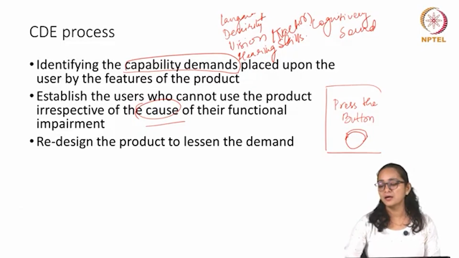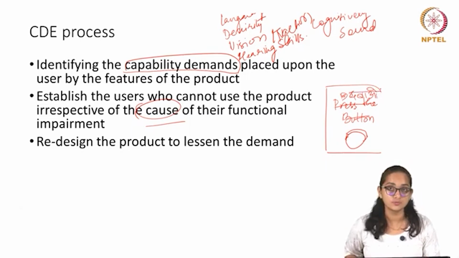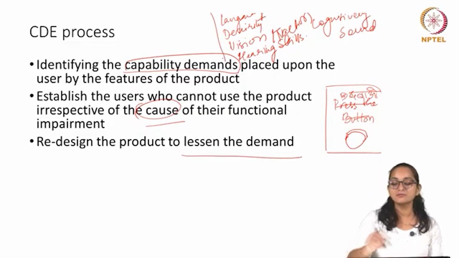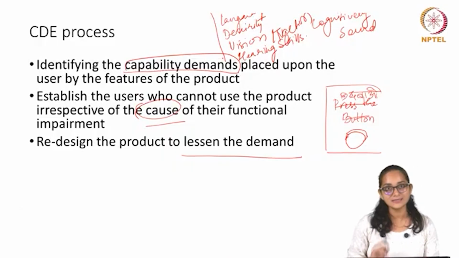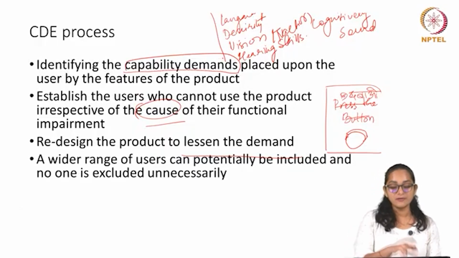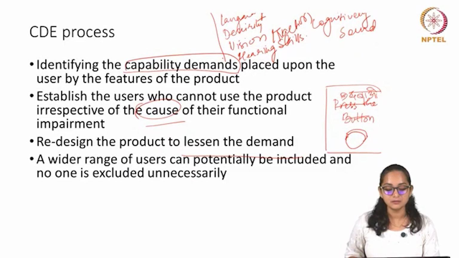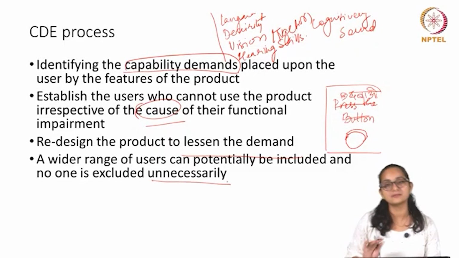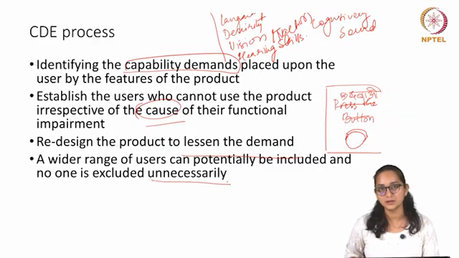So similarly, if the language can keep changing, if we can include more languages, all of those aspects we can try to do, so that this list of demands is as small as possible. So a wider range of users can potentially be included and no one is excluded unnecessarily. So we have to try to see that unnecessarily some user is not getting excluded. That is the most important aspect.